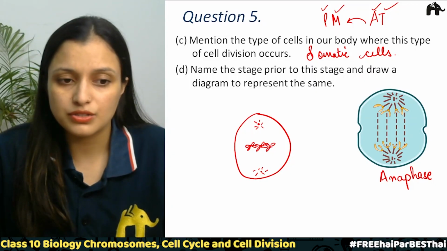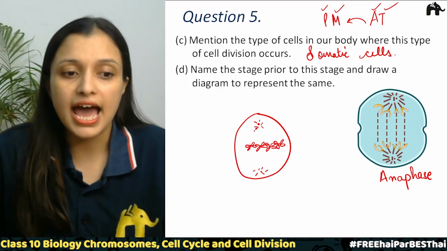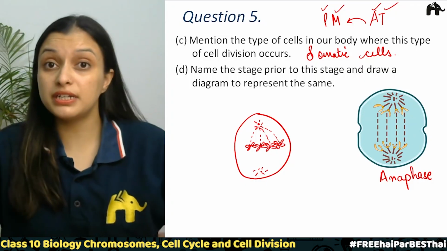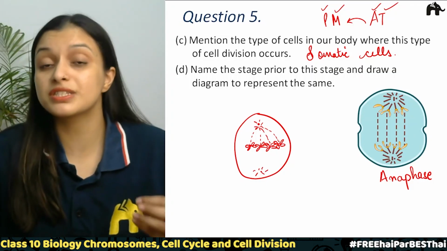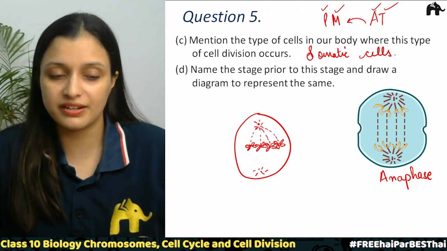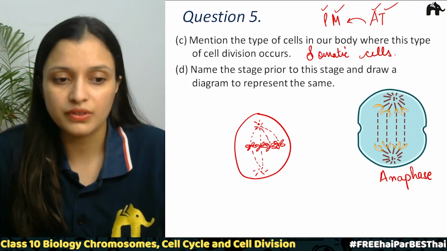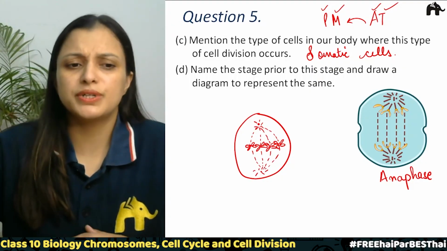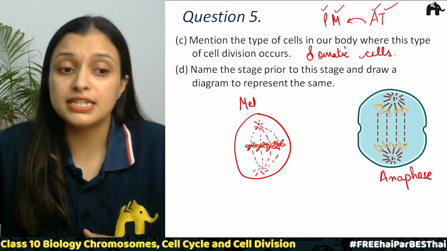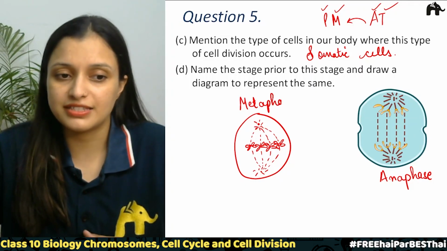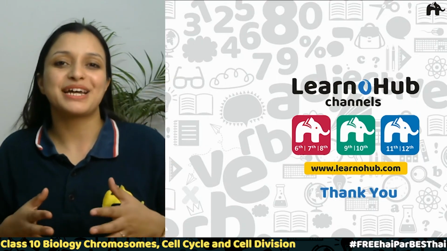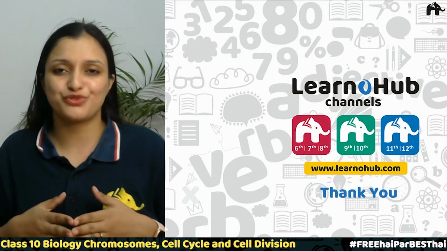Okay. So we will be drawing them like this. And the spindle fibers, where are these spindle fibers attached to these chromosomes? They are attached at the centromere. Correct? So this is the stage, right? Which stage is this? This is metaphase. Correct?